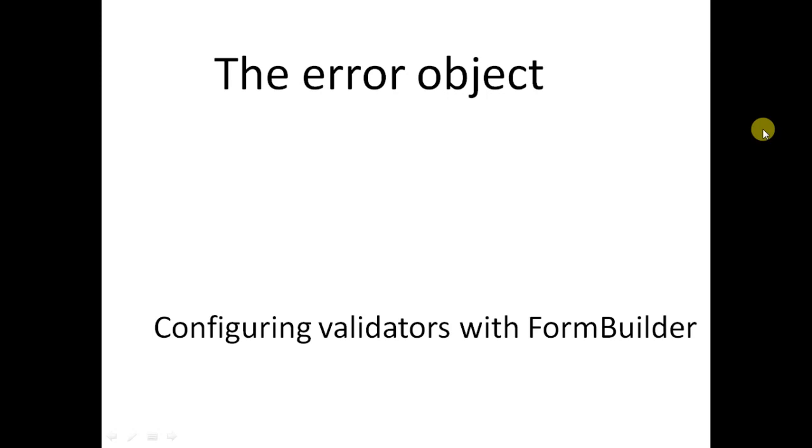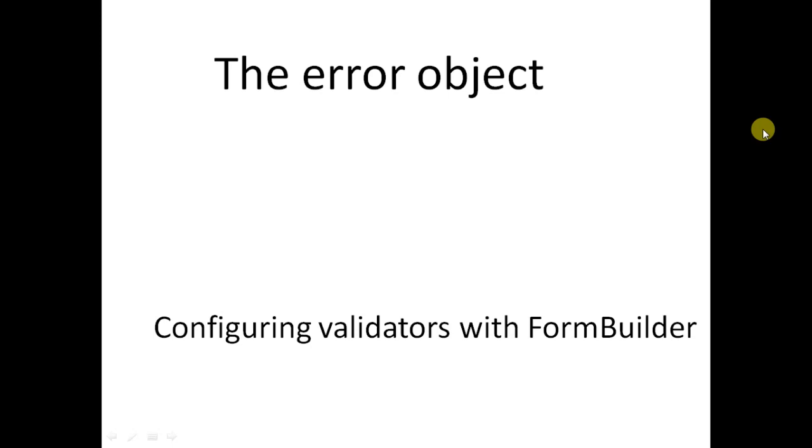The property's value can be of any type and may provide additional error details. The object has a top-level property that matches the validator's name, minlength. Its value is also an object with two fields, requiredLength and actualLength. These error details can be used to display a user-friendly error message.